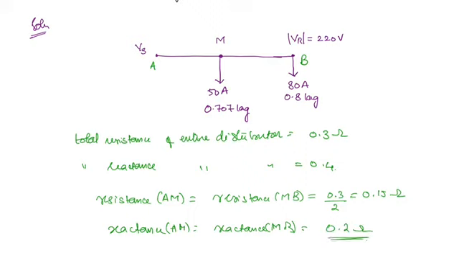Now this 80 amperes current at the receiving side we will take as IR magnitude, and this we will take as IM. The voltage here we will take as VM. Now we will start off by taking the receiving end voltage as the reference phasor.